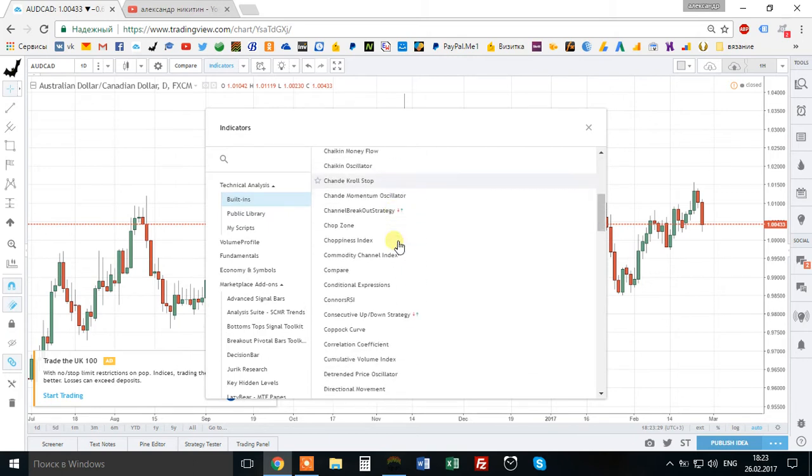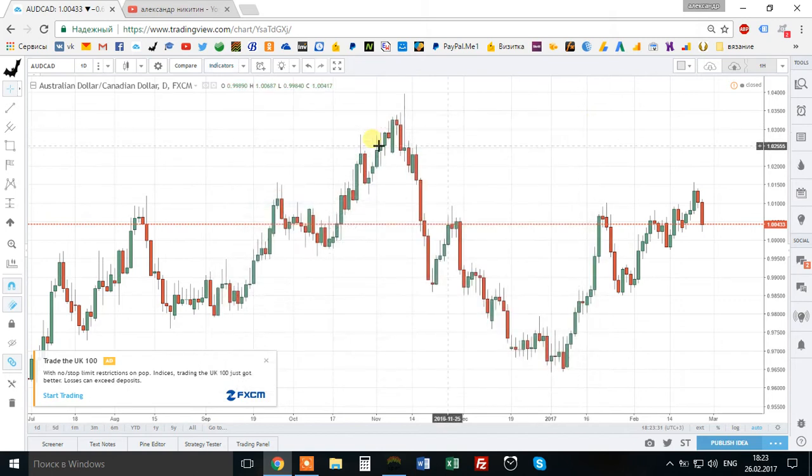What is the idea of fractals? The idea says that a fractal is a formation that has at least 2 bars to the left and 2 bars to the right that have lower highs than the fractal high. And in case of a fractal low, we should have at least 2 bars to the right having higher lows, and 2 bars to the left having higher lows as well.